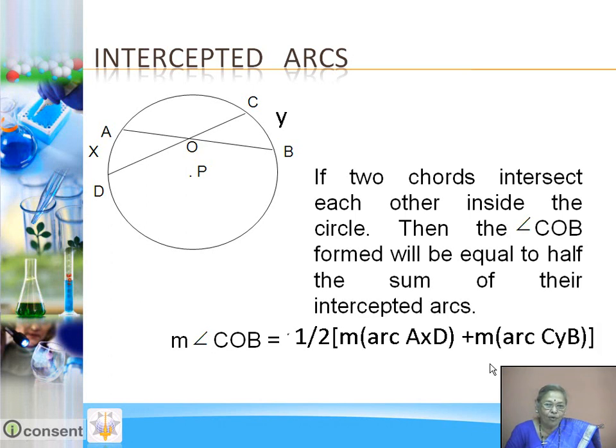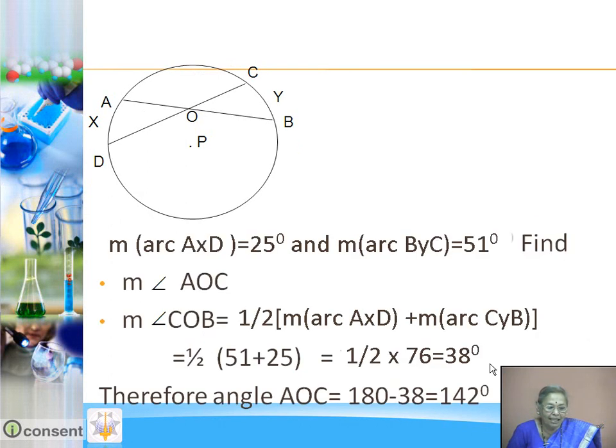Here the arcs formed are AXD and BYC, or it is also called CYB. Now let us see one example based on this. The example is this. If the measure of arc BYC is 51 and measure of arc AXD is 25, find out the angle AOC.